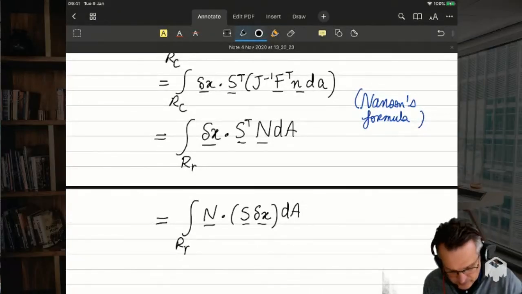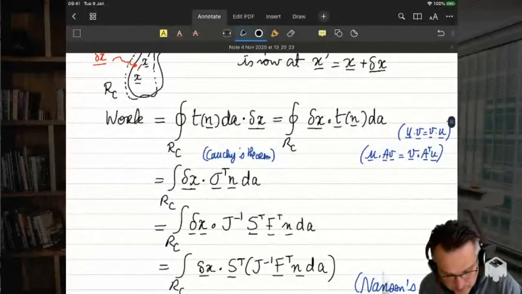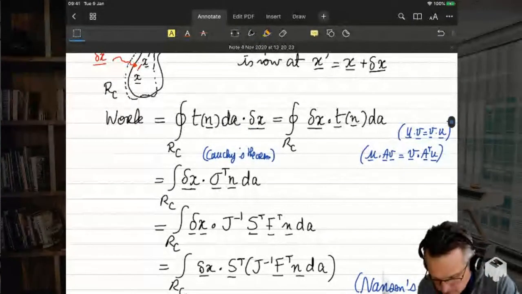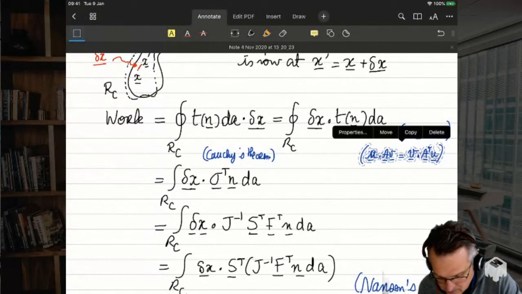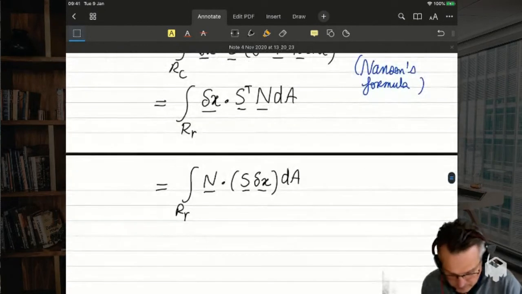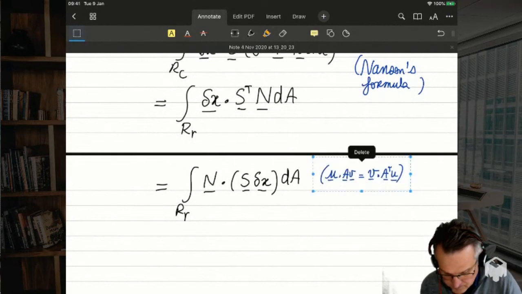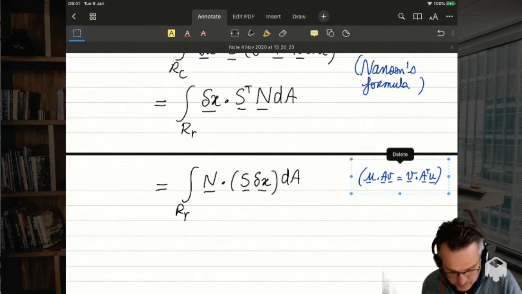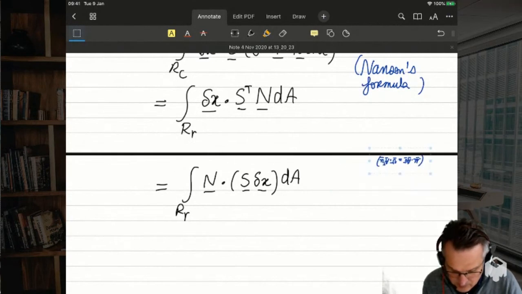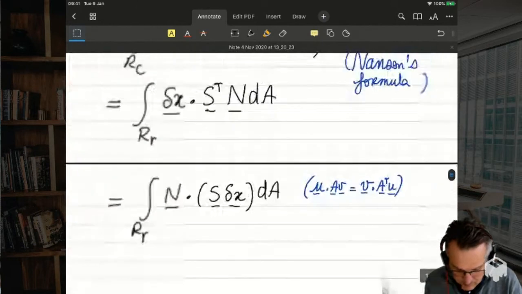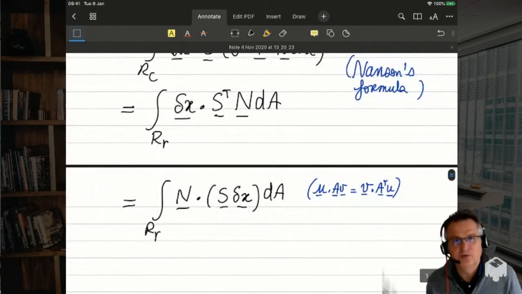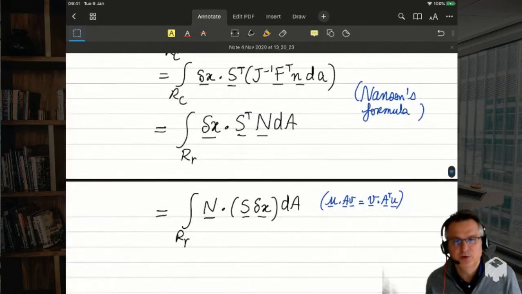So I'll be using that formula here, which is the one I used to go from the line above to the line below.